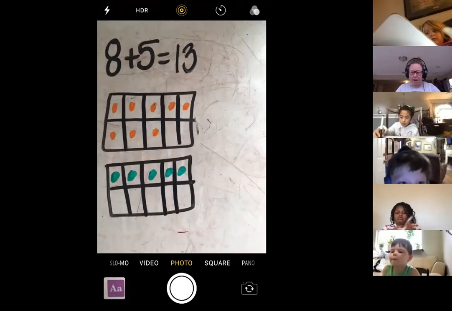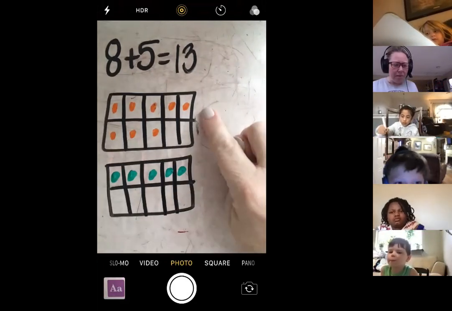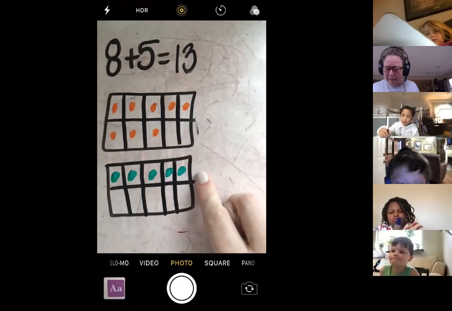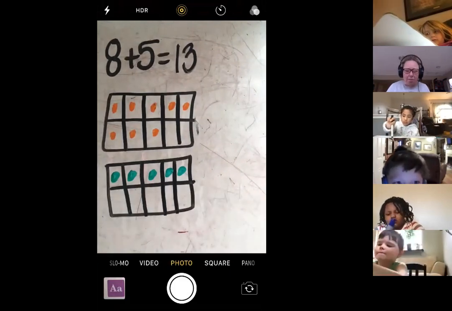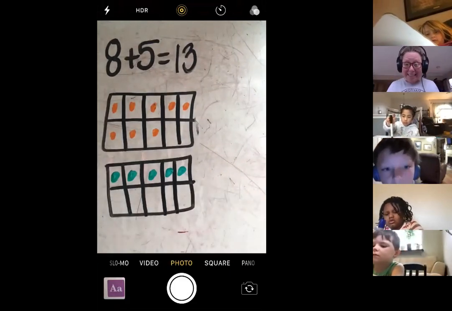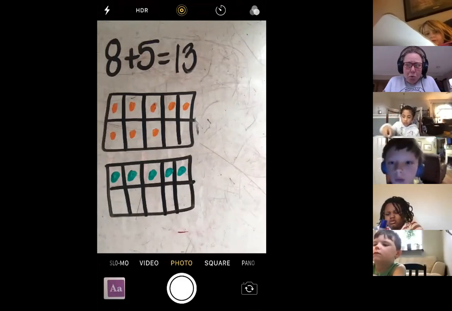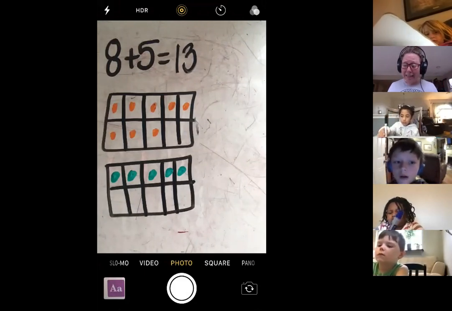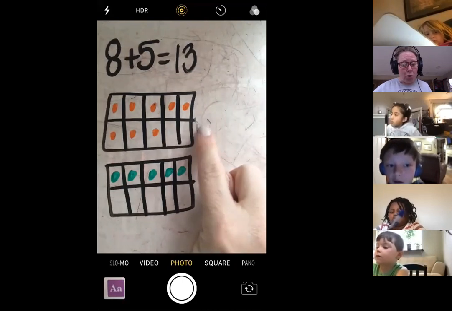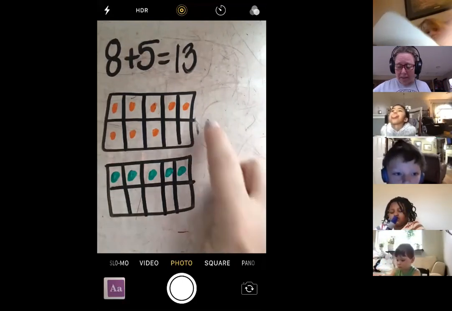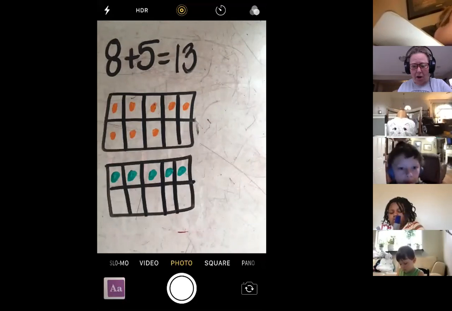All right, so I've got 8 in my first 10 frame, and I've got 5 in my second 10 frame. Now, remember, with the strategy of making 10, we have to make 10. So I'm going to have to move some from the bottom to fill up the top. Ready? Are you ready?